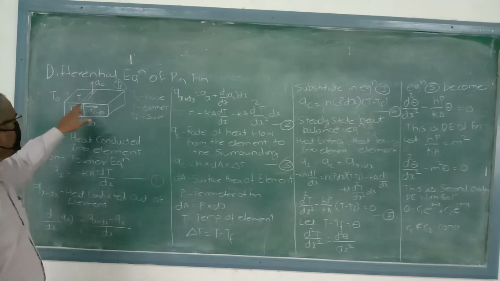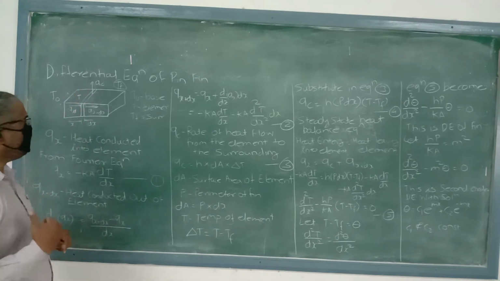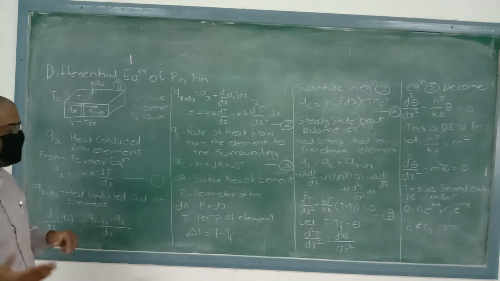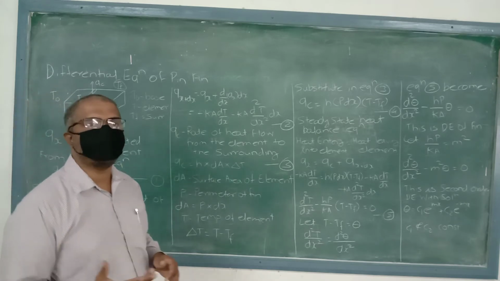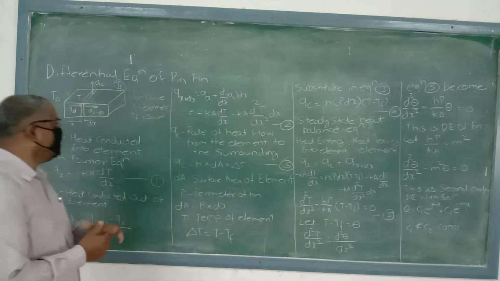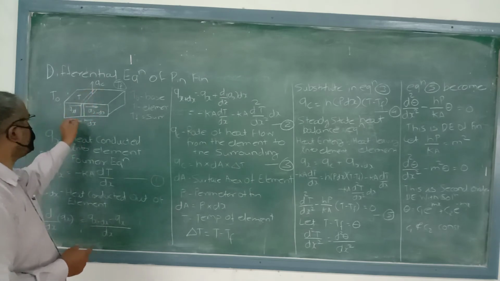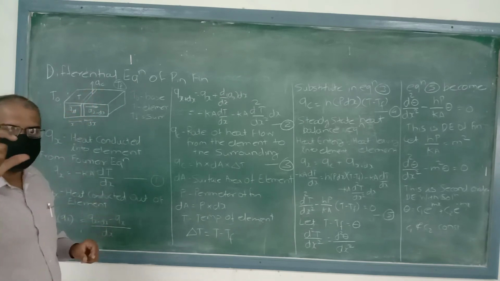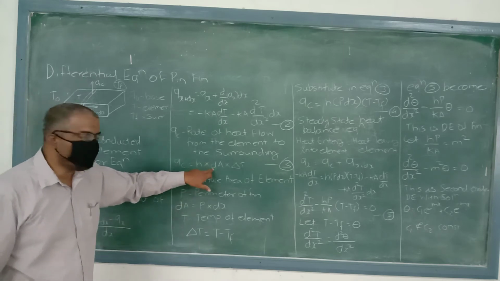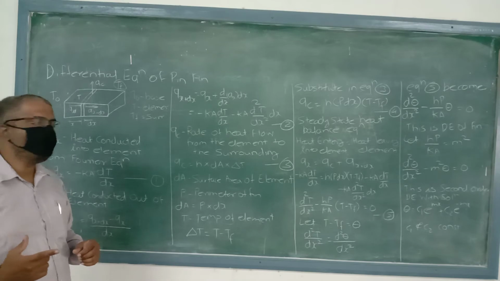Now we have to calculate Qc, the small amount of heat carried out into the environment. Qc we are going to calculate with our regular formula hA delta T. Here h is the convective heat transfer coefficient, and for the area we consider the small elemental area dA, and delta T is the difference in the temperature.